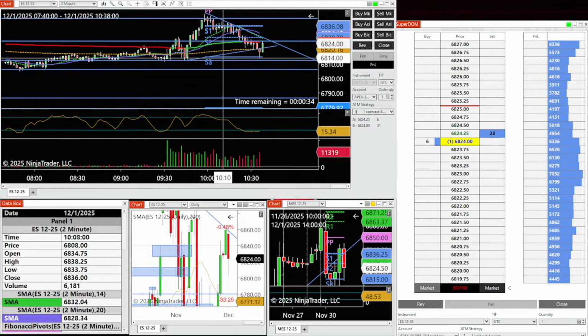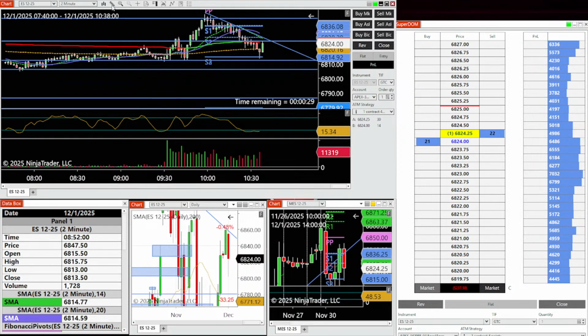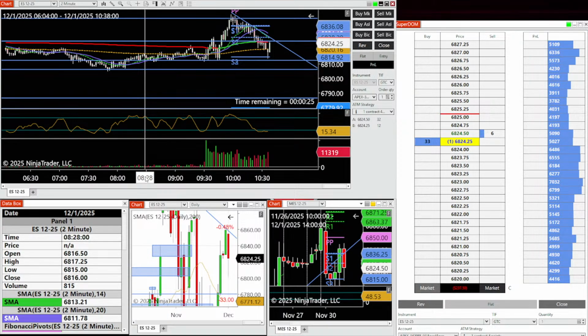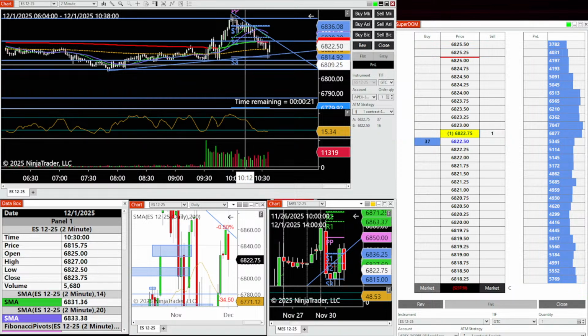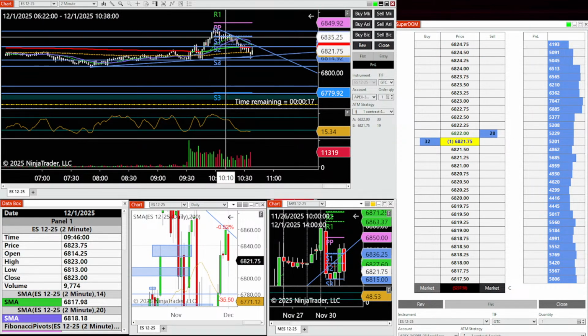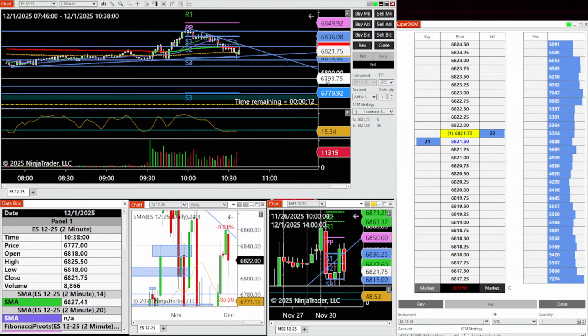And if it doesn't, then looking at a possible retest, this would be a pullback. This is a deep pullback if we're going higher.